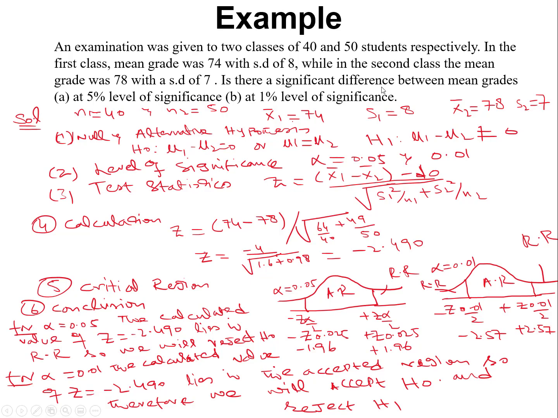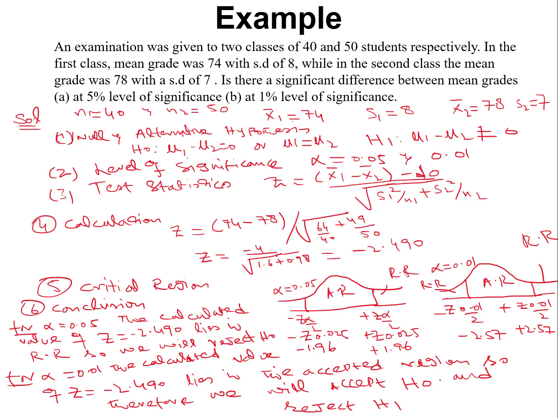Is there a significant difference between the mean grades? What does a significant difference show? If there is no difference, both are the same, and then we will write that mu1 is equal to mu2, or mu1 minus mu2 is equal to 0.